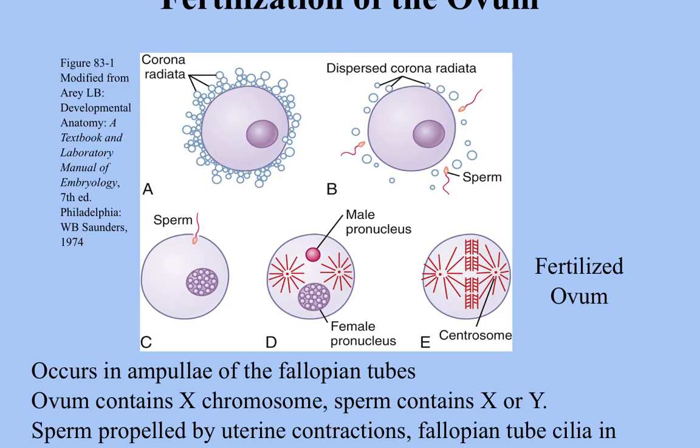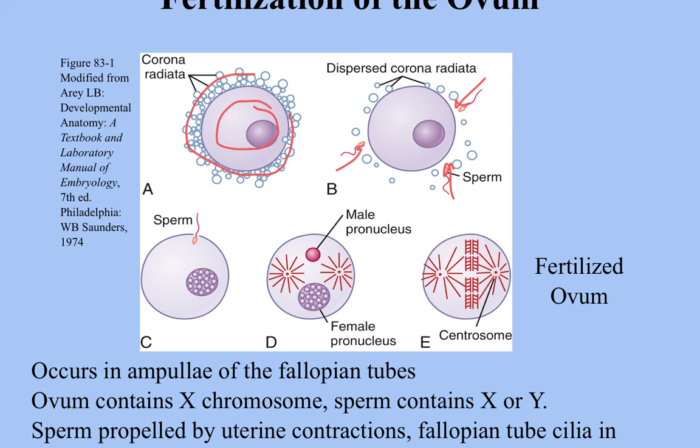All right, when an oocyte is released during ovulation, what's released is this oocyte with a layer of cells surrounding it and some connective tissue. When the sperm start to come into play, they have to work their way through that corona radiata, and by doing that, the corona radiata starts dispersing.